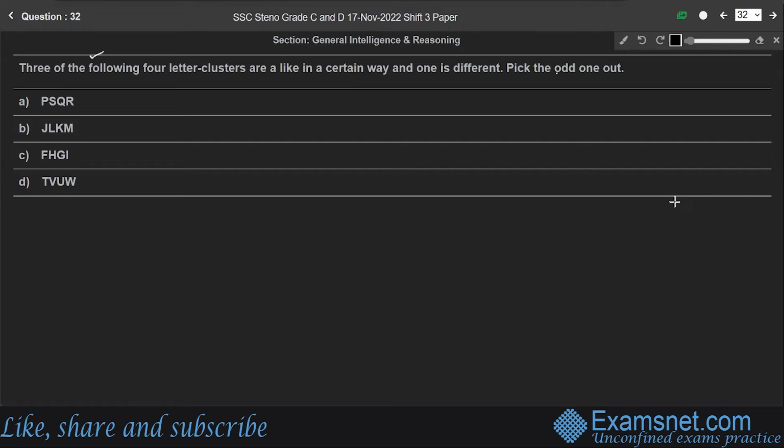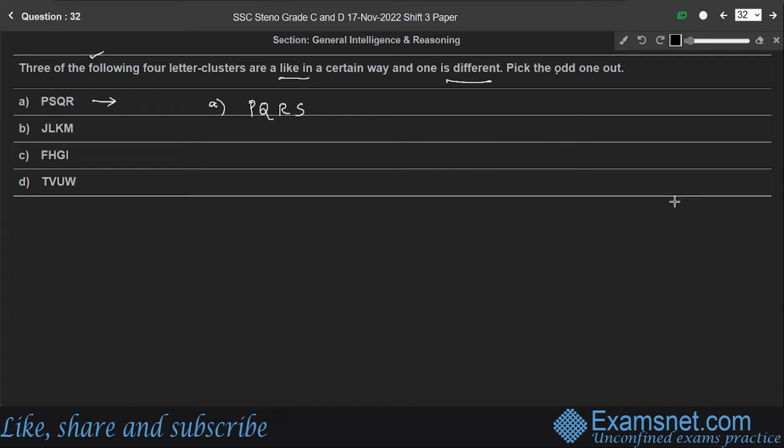Question 32. Three of the following four-letter clusters are alike in a certain way and one is different. Pick the odd one out. So here, the first cluster is PSQR, in which the four letters are PQRS. PQRS are four continuous, consecutive letters.